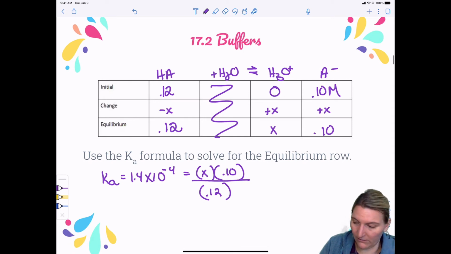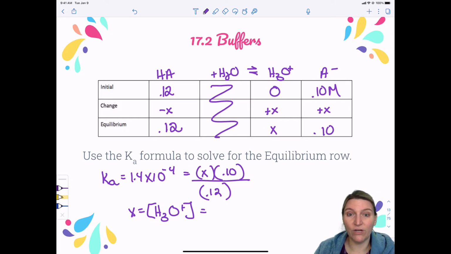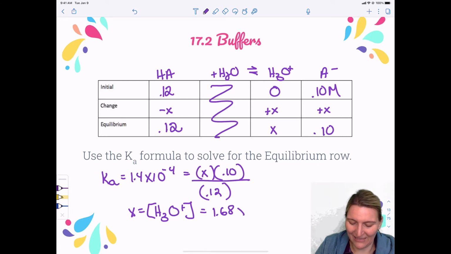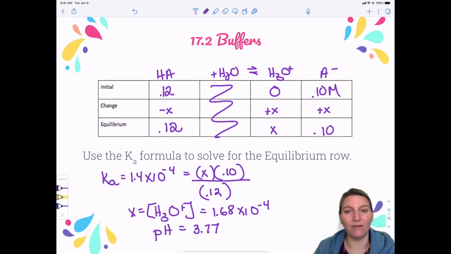I solve for X. X is the concentration of the H3O plus, and that is 1.68 times 10 to the negative 4, and the negative log of that, so the pH is equal to 3.77. So now I know that the pH of this buffer is about 3.77.